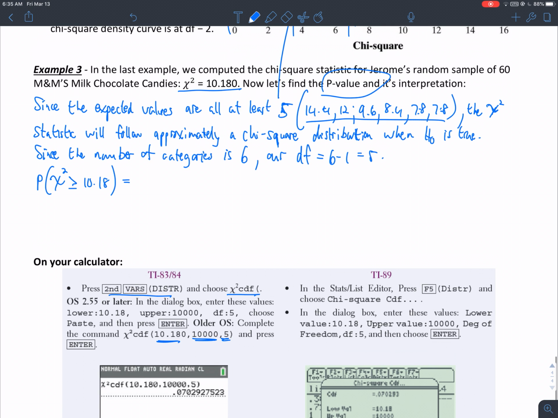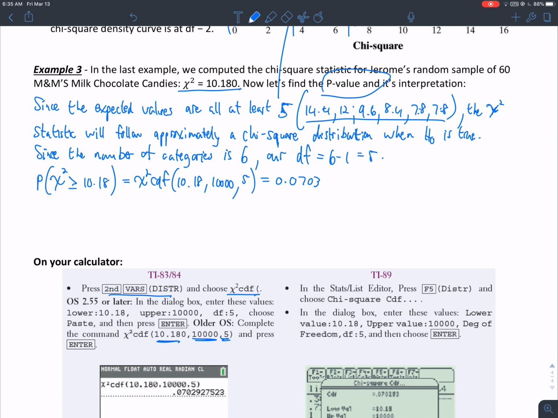Please don't write this, I'm just writing it down to help you. This is what you'd enter in your calculator: your statistic, 10.18, your upper bound, 10,000, and then your degrees of freedom. That would give you about 0.0703.